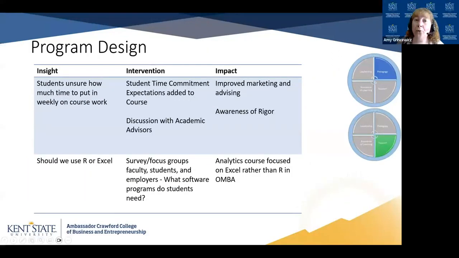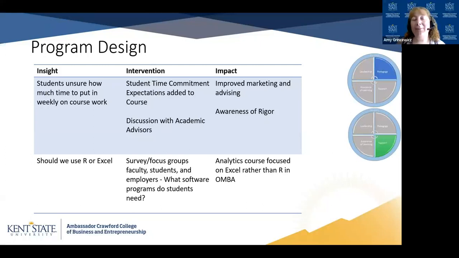Now, this is kind of the cool part. During those module surveys, we also asked about the time that students were spending on the module, knowing how we were assessing rigor on our end to make sure the course was rigorous enough.